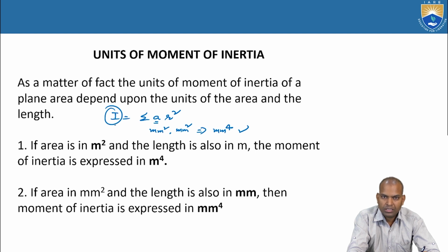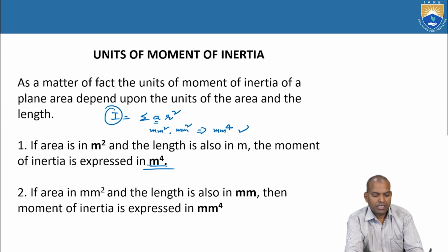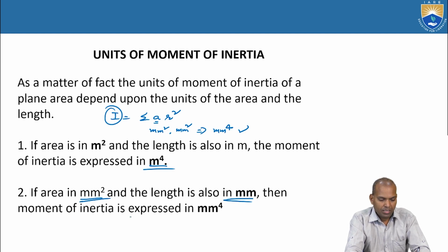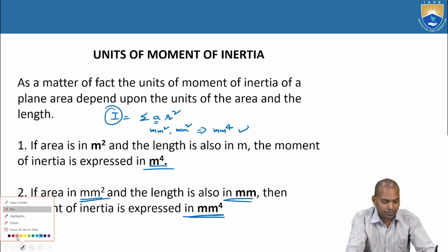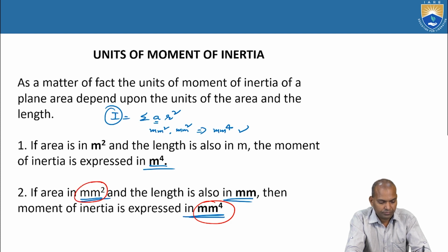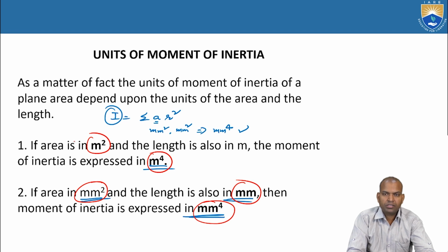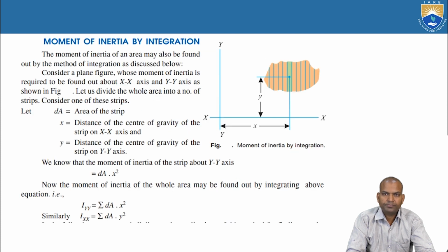If the area is in square meters, the moment of inertia unit is meter power 4, and if the area is in square millimeters and the length is in millimeters, then the moment of inertia is expressed in millimeter power 4. So the unit of the moment of inertia is millimeter power 4 or meter power 4.